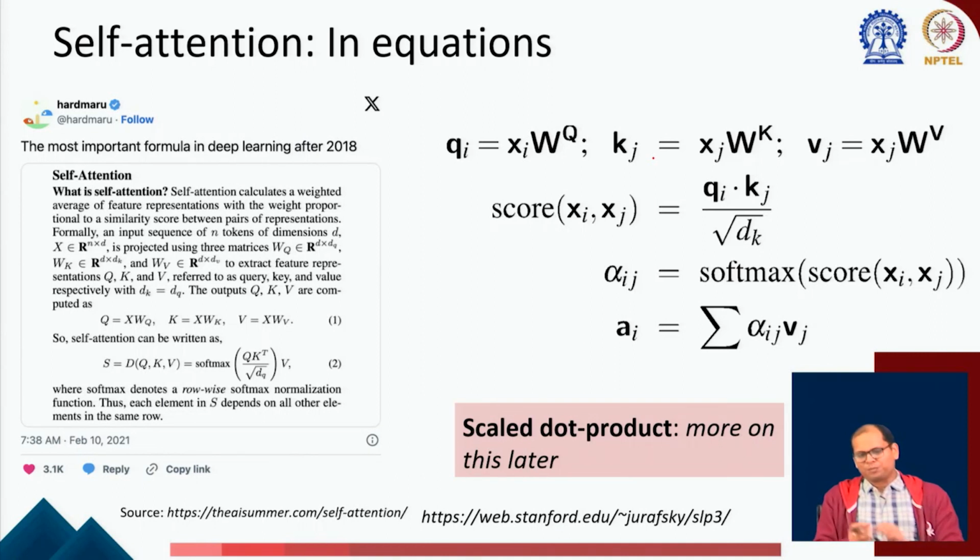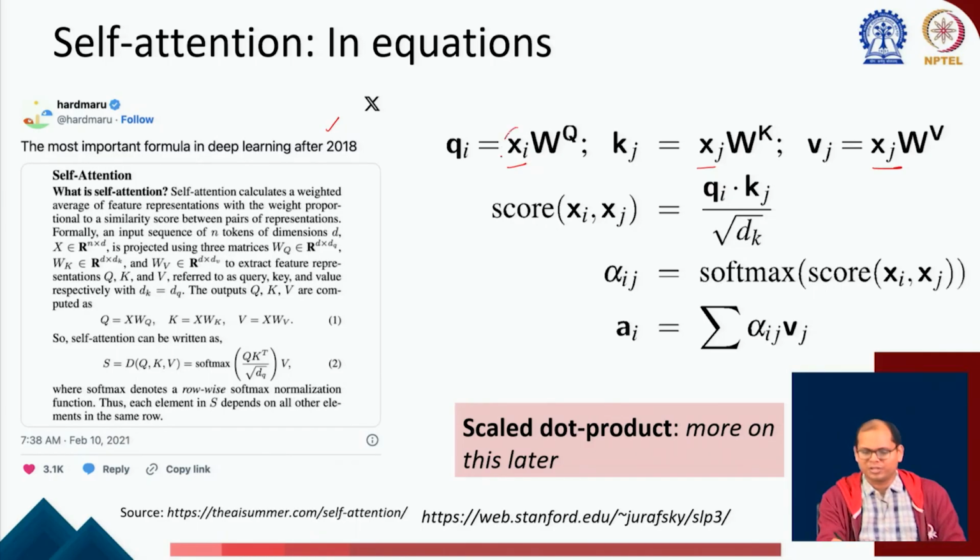Now, this famous Google researcher has mentioned this to be one of the most important formulas in deep learning after 2018. So the self-attention formula. In equations, how does that look? You have the initial word vectors, or whatever is the input to the transformer encoder.